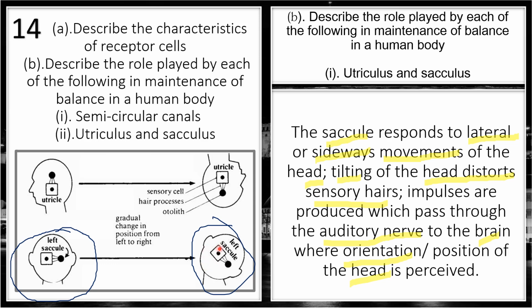When the head tilts, it distorts the sensory hairs. So the impulse will be fired and passed to the auditory nerve, to the brain, and the orientation, the position of the head will be interpreted.